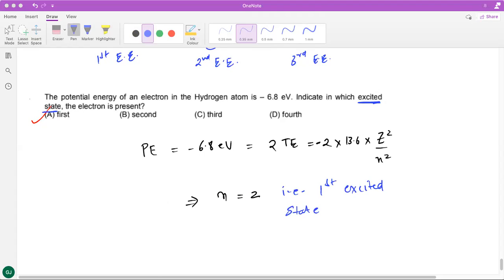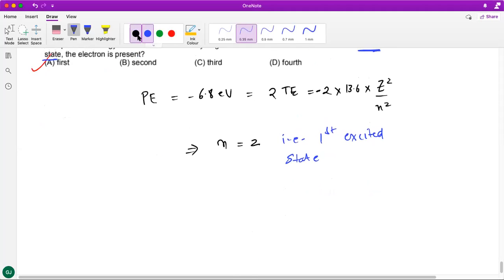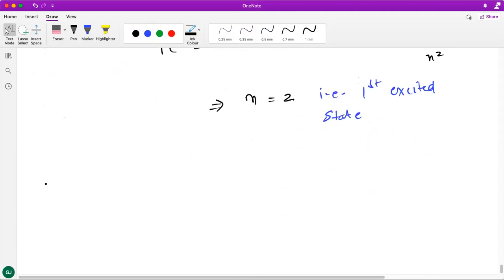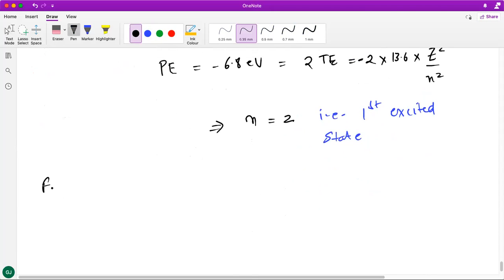Let me give you one question. This will be more like a homework question because we don't have much time left. So let me write this question for you. For a sample of hydrogen-like system, what is meant by hydrogen-like system?